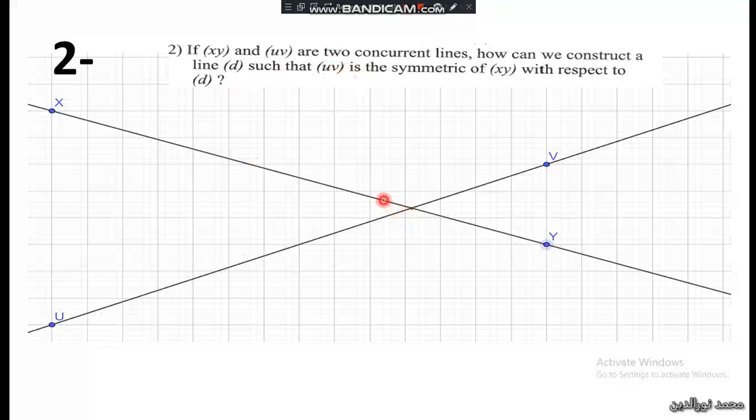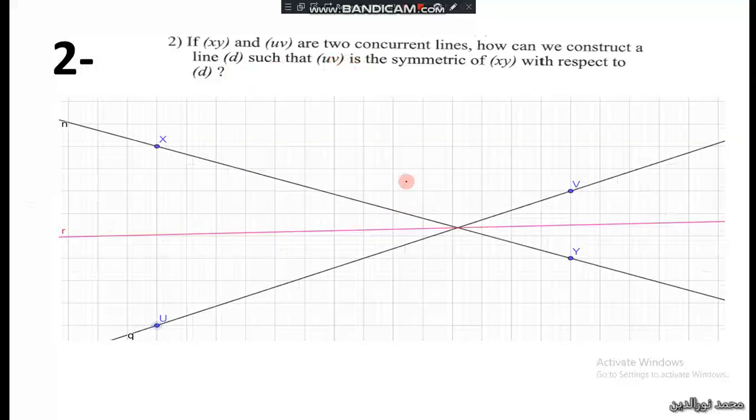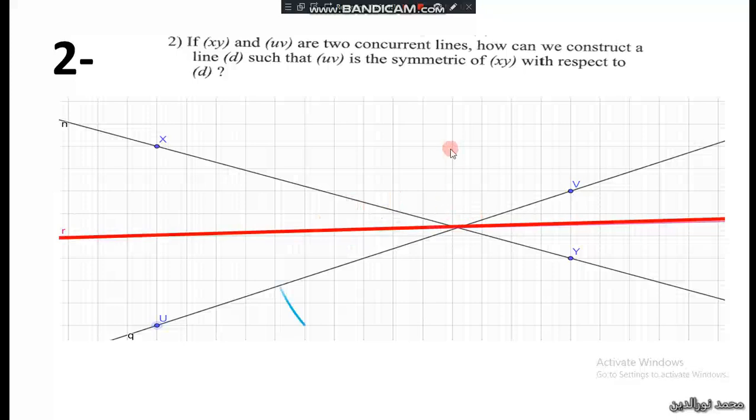In this case, there is an angle between these two lines, and we have to draw the bisector of the angle, and this bisector is the line of symmetry of these two lines. And how do we draw the bisector of the angle?